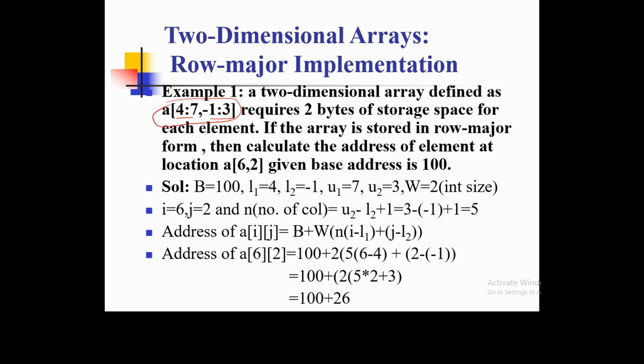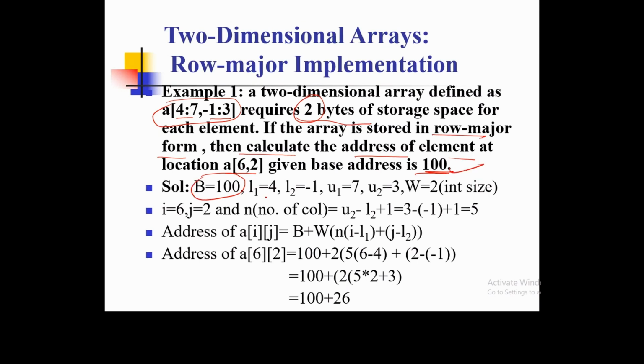Now we see one by one. It requires 2 bytes of storage space for each element, so 2 is the value of w. If the array is stored in row major order form, then calculate the address of the element at location A62, and we are given the base address. The base address b is 100.